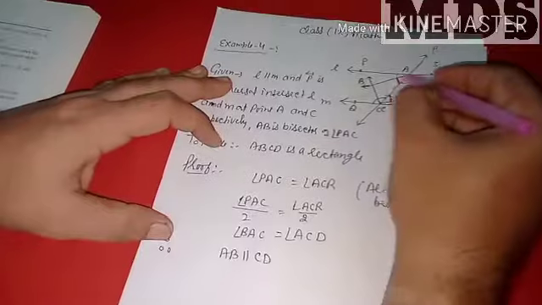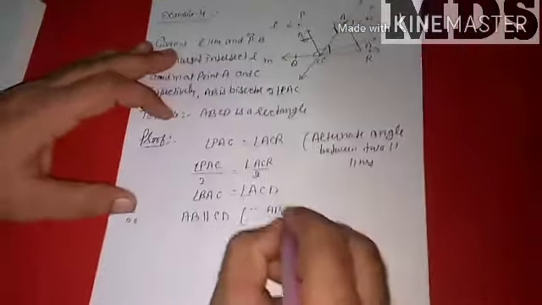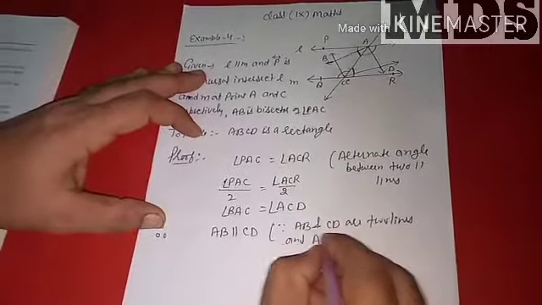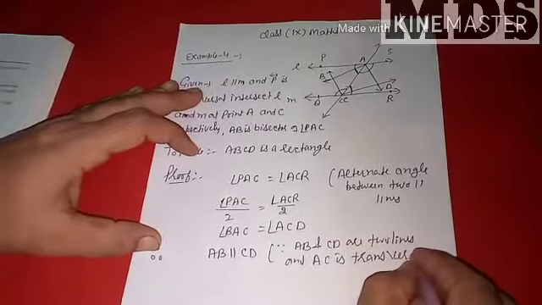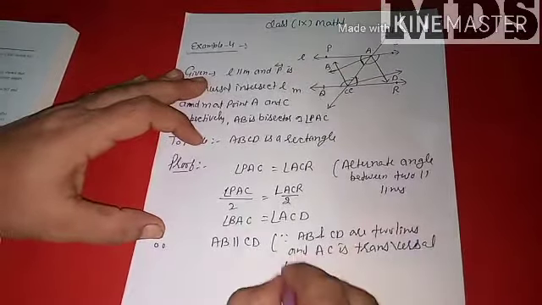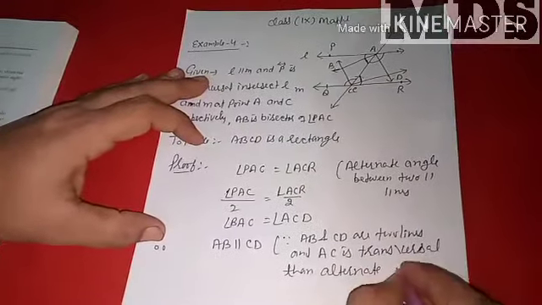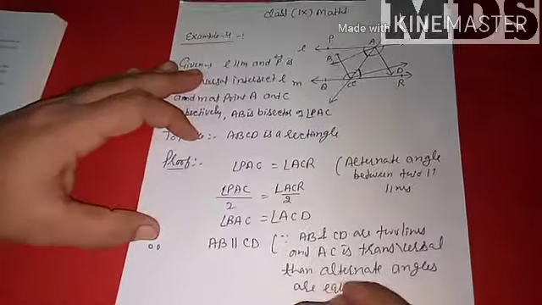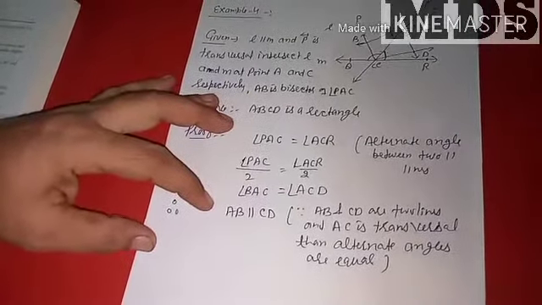Because AB and CD are two lines and AC is their transversal, then alternate angles are equal. If alternate angles are equal, it means the lines are parallel.